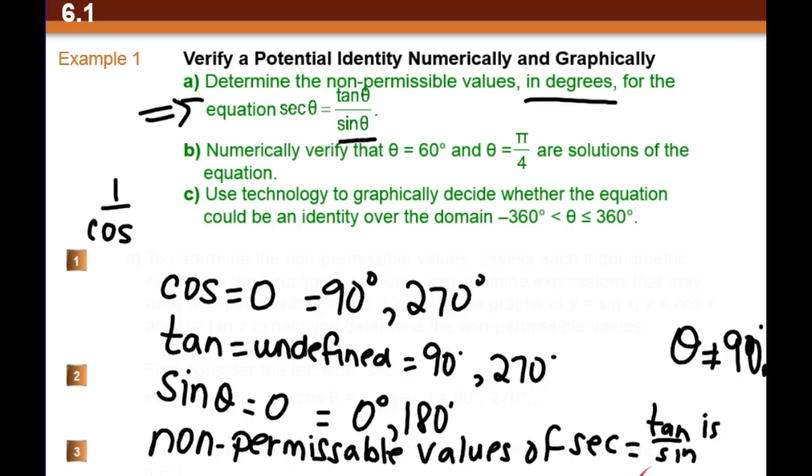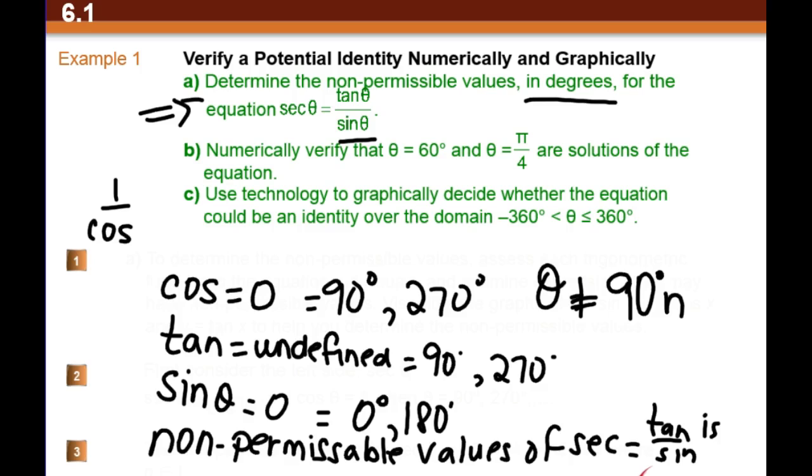Okay, so I'll move it over so we can see it a little better. We cannot have an angle not equal to 90 degrees n. N meaning, if n was 1, it would be 90. If n was 2, it'd be 180. 90 times 3 is 270. So it's going by 90s every time.